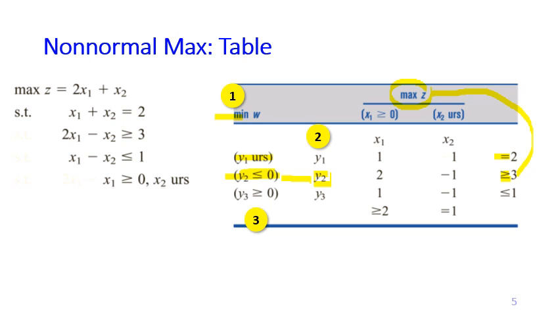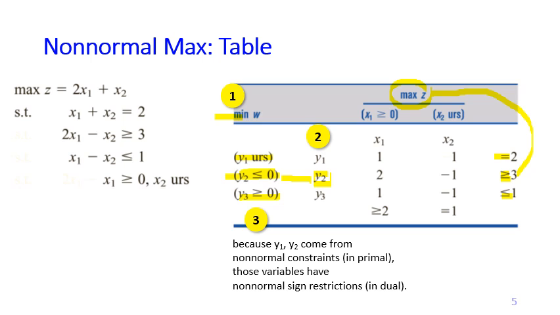For the third constraint, this is a normal constraint in a maximization case. As a result, the dual variable y3 is also a normal variable, and a normal variable in the minimization case has the sign restriction of greater than or equal to 0.